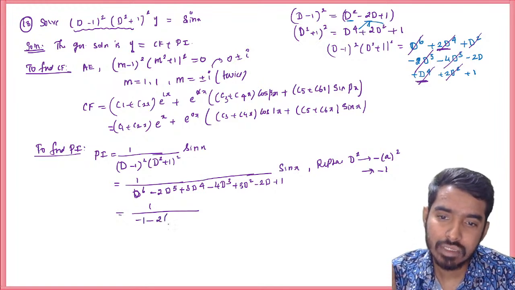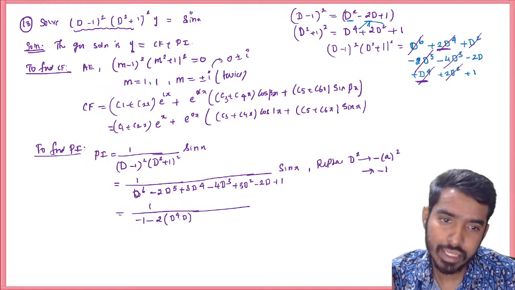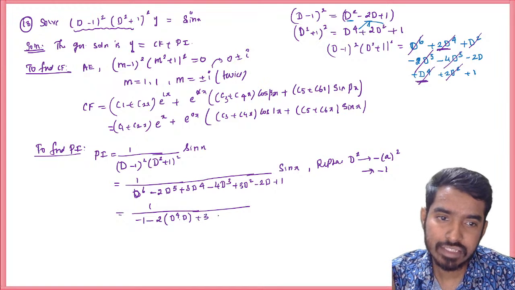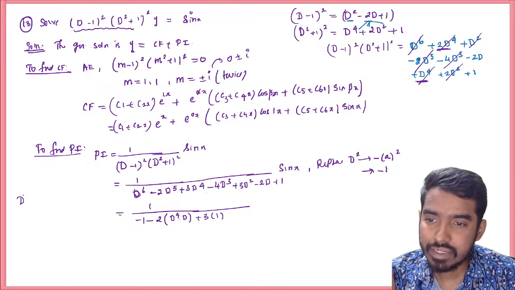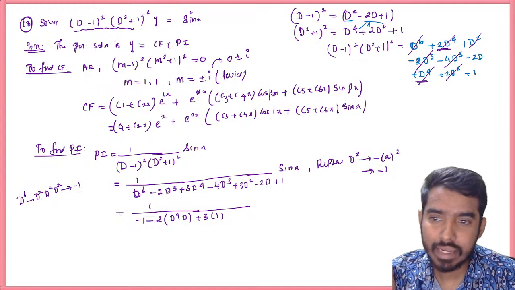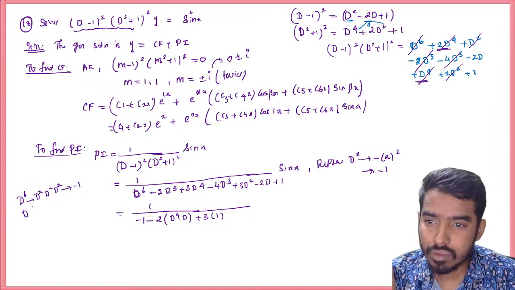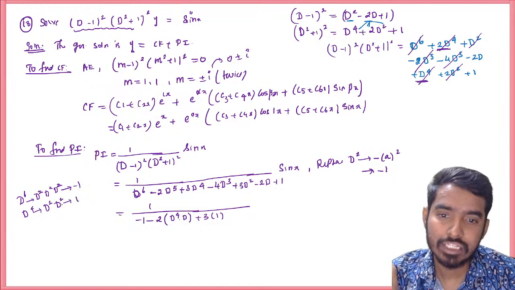Minus 2 times d power 5 is d power 4 into d, right? And 3 times d square. d power 4 is d square into d square. So minus 1 times minus 1 is plus 1.